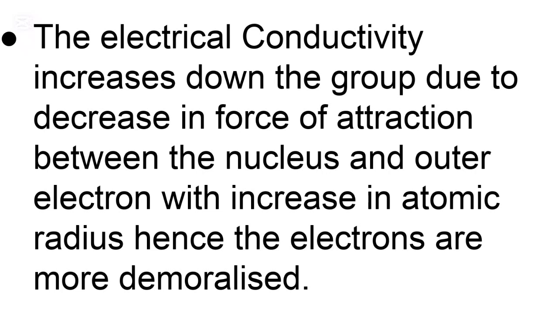Therefore, as we move down the group, the force of attraction between the nucleus and the outermost electrons decreases. This enables the electrons to be more delocalized, hence conduct electricity easily.